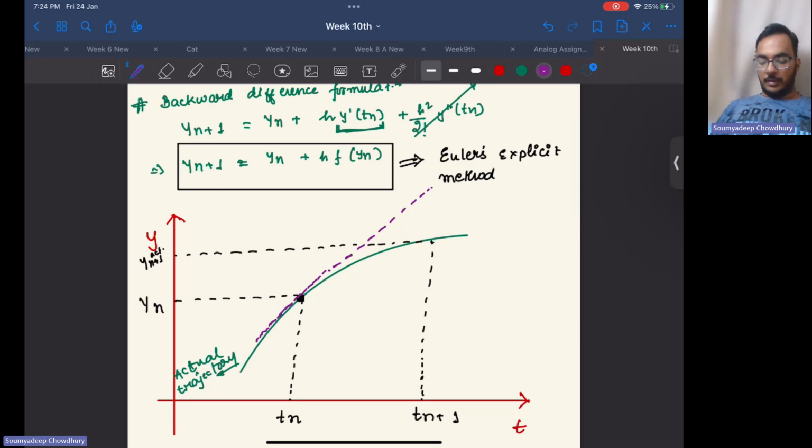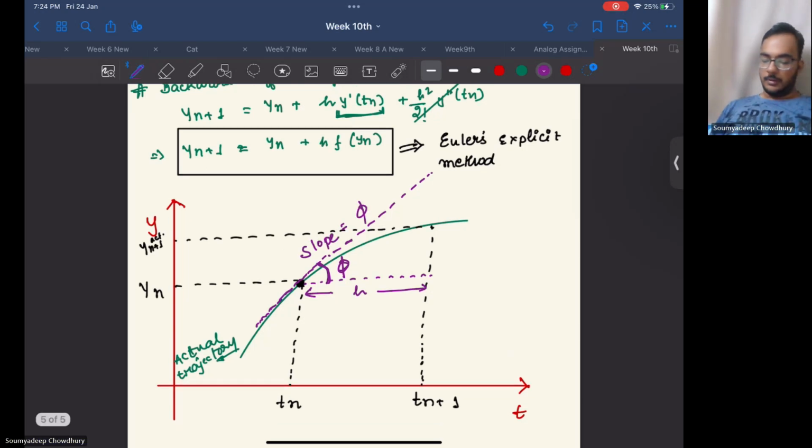Now, if I try to just manipulate this one, just see, this length is h. And what is the slope? The slope is tan of phi, right? If this is phi, then tan of this angle is called slope.